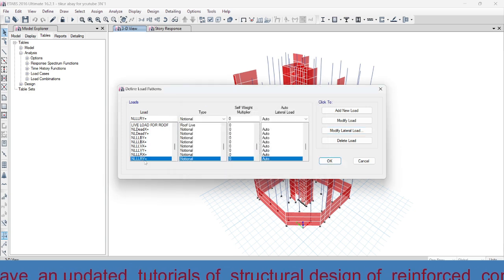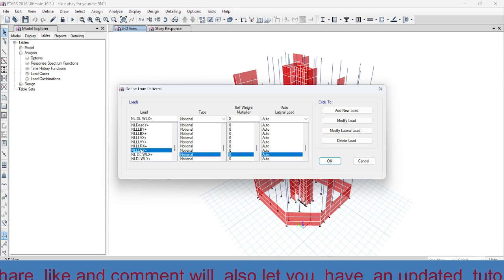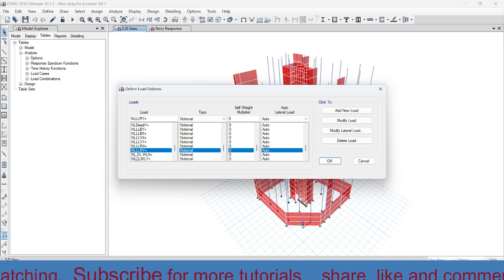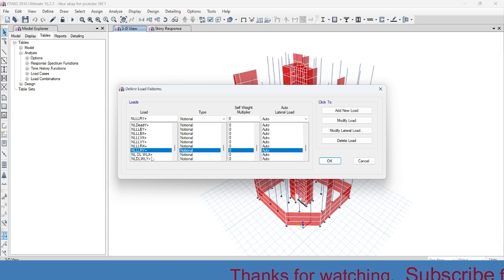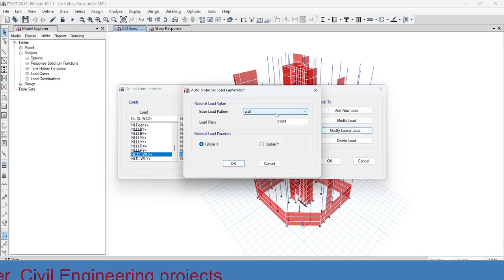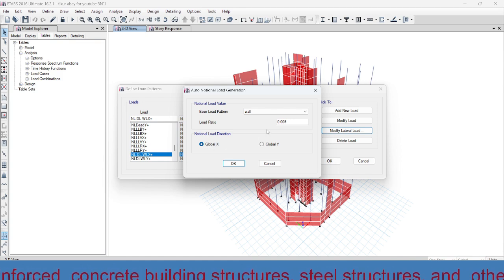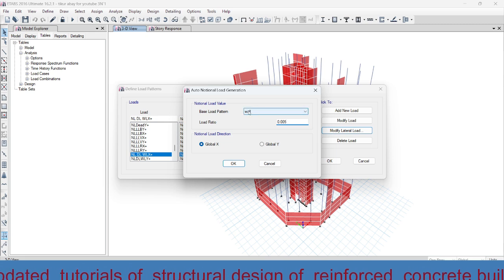And similarly we can define it in y direction. And the notional load along x direction due to the wall load is just like this. Here this is the direction of the notional load, this is the phi value, and this is the dead load.